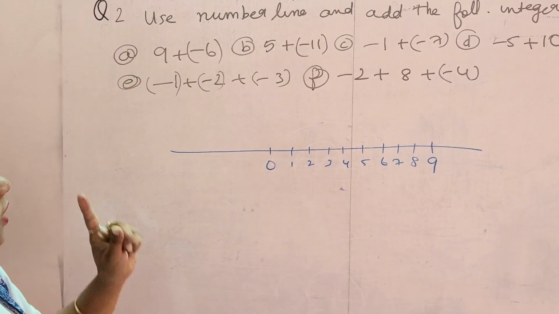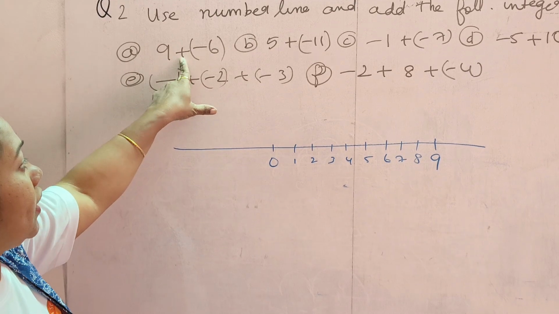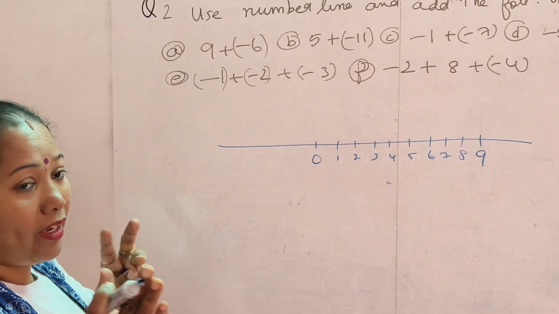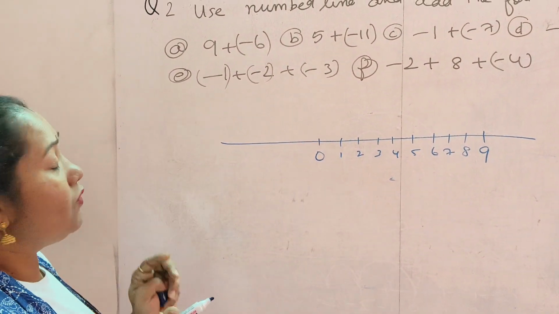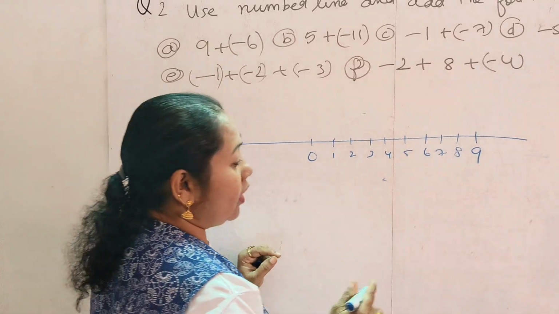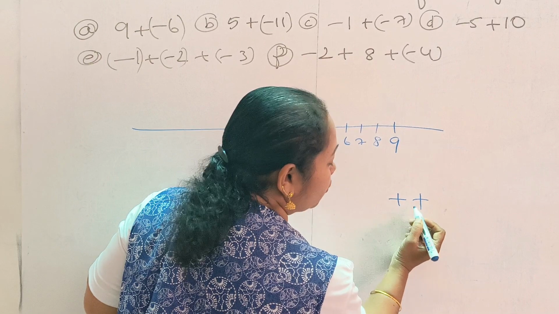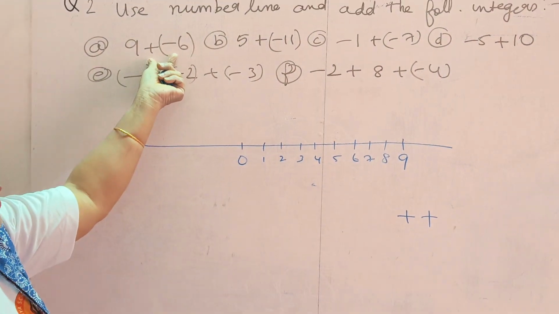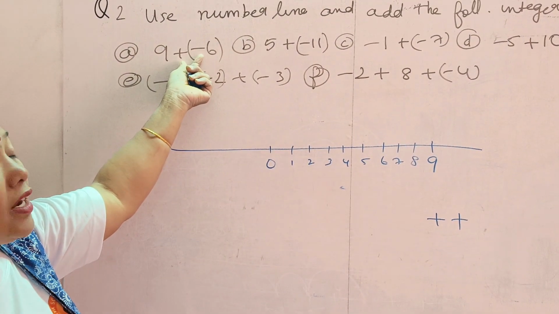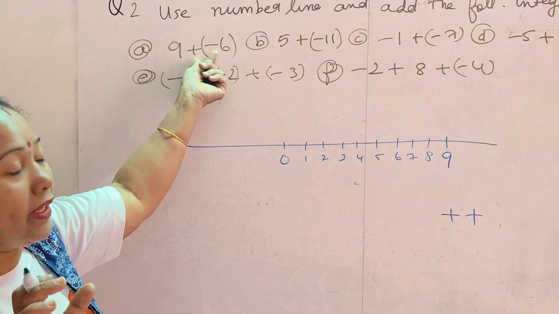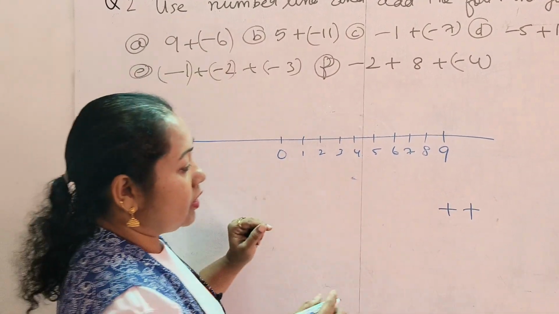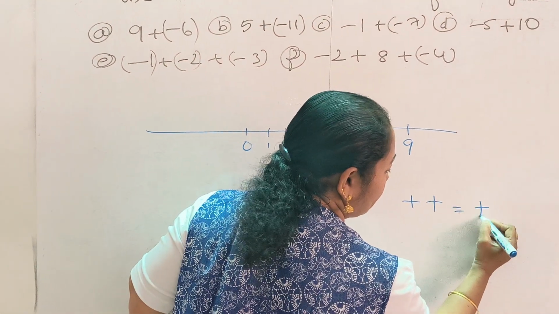First of all, we should understand one more thing: if two signs come simultaneously, then what do we have to do? If two signs are coming continuously, that means they are multiplying. So plus plus means plus.